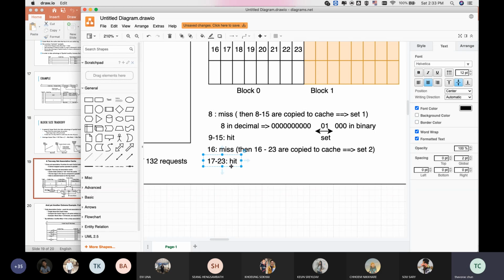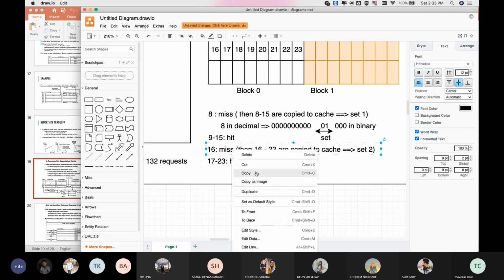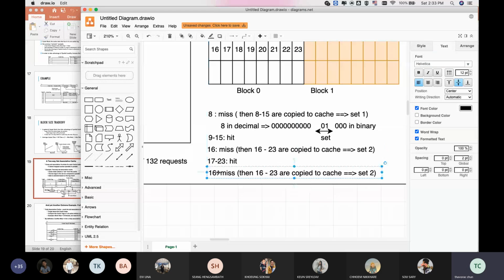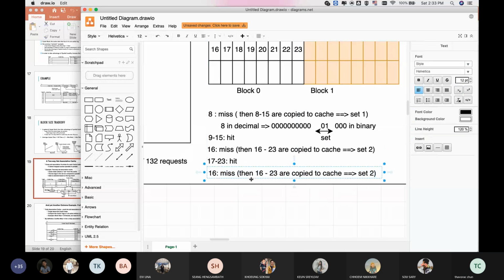And then we do the same thing here. This one should be the address 24. And then it means as well, we copy the entire block, which is 24 to 31.